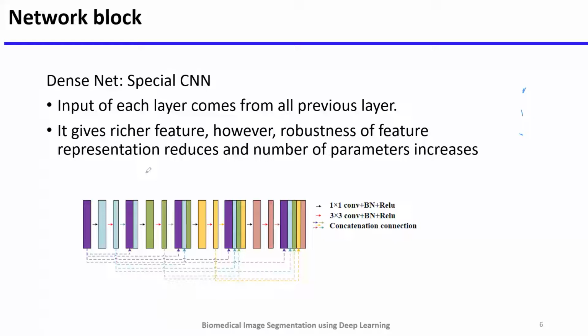But the disadvantage is that the number of parameters increases. So it takes a lot of time to optimize, and sometimes it becomes too difficult to achieve a better result.